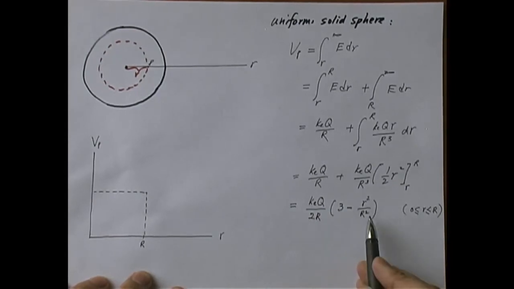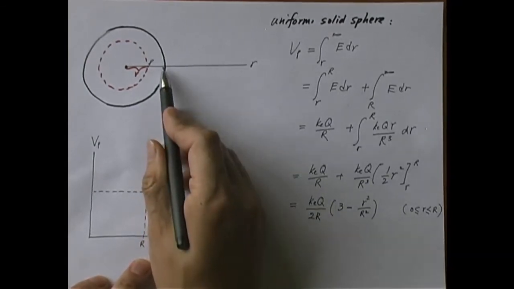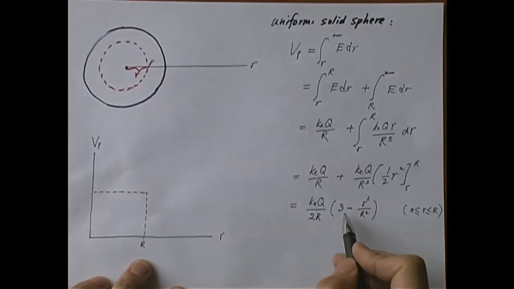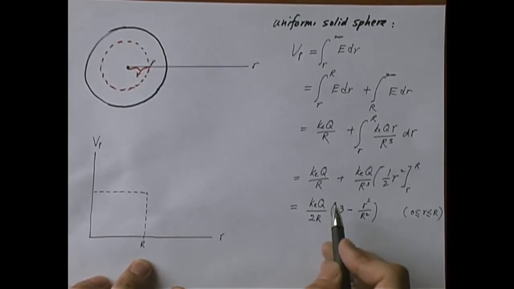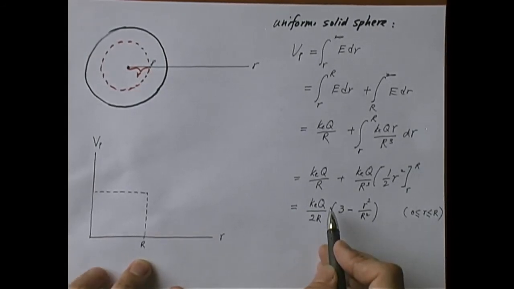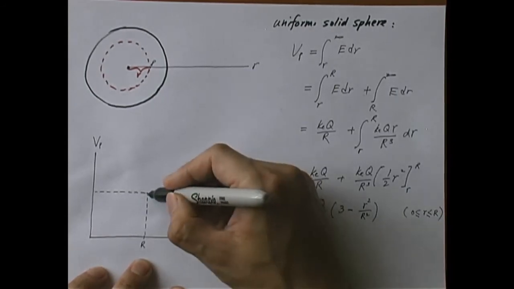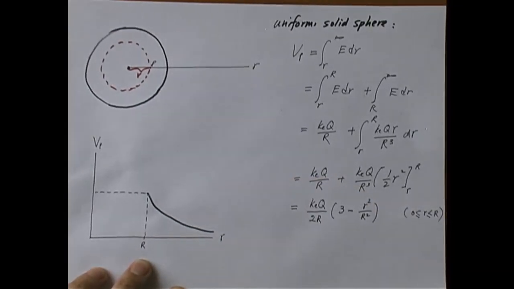Now take a good look at this expression. When big R and small r are equal, so you're right on the surface of the solid sphere, what does it give you? Well, it just gives you 3 minus 1, which is 2, and 2 over 2 cancels, so just KQ over R. So the expression for the electric potential outside the sphere is still KQ over R up to the surface, the same as before.